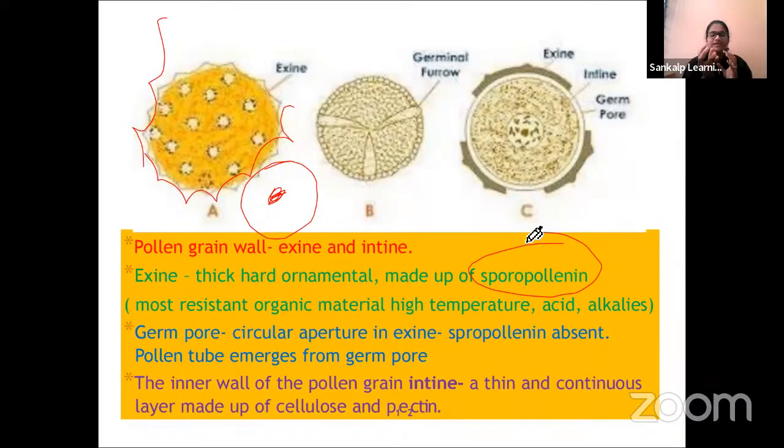Next, exine will not be continuous, guys. Where exine is not there, that part is called the germ pore. The pollen tube will come out from that germ pore. Next, the inner wall is called intine. It is made up of cellulose and pectin. It will be thin. This is the structure of the pollen grain.